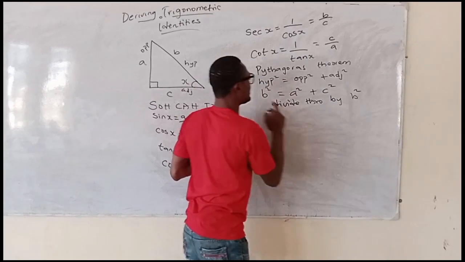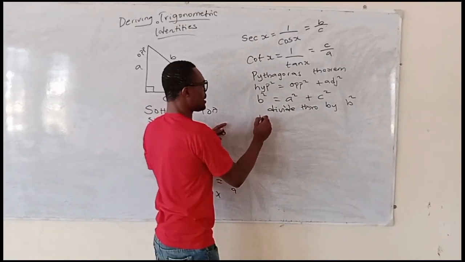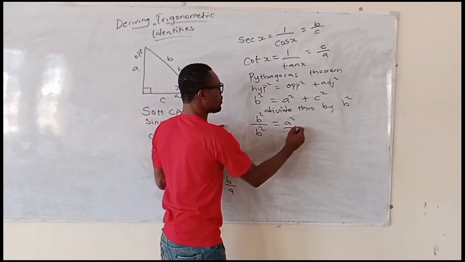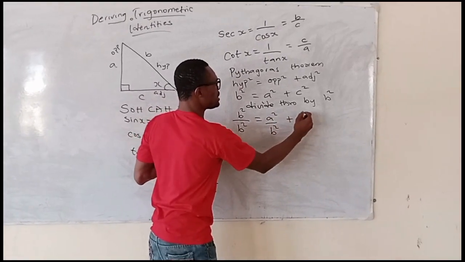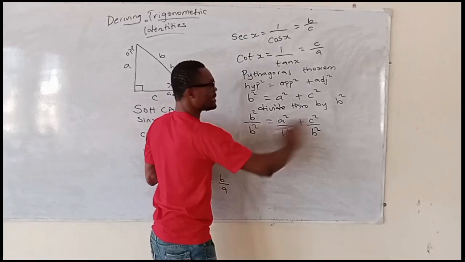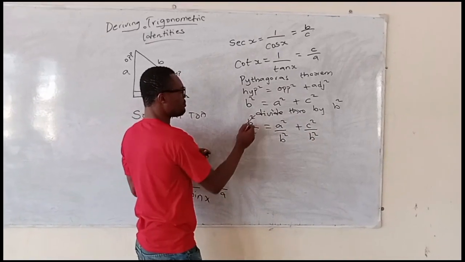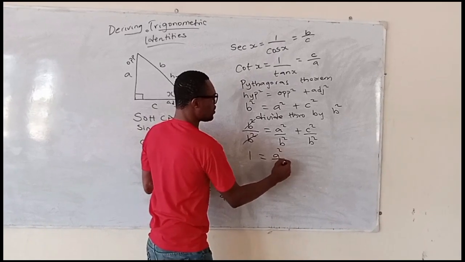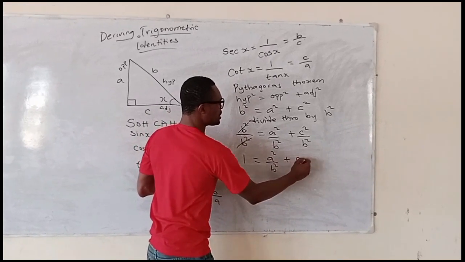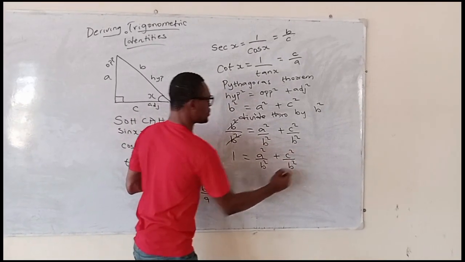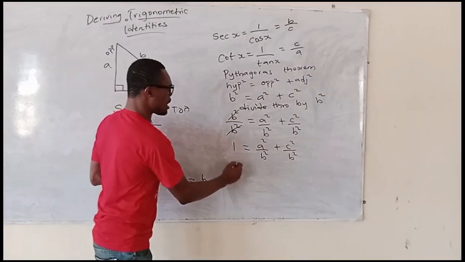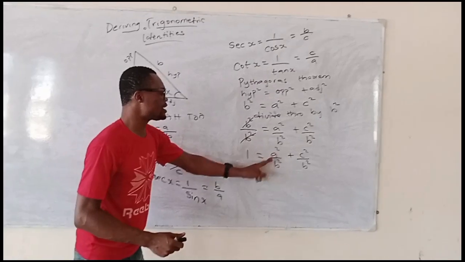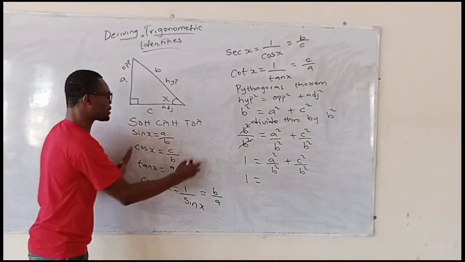Let us divide through by B squared, the hypotenuse squared. We have B squared over B squared equal to A squared over B squared plus C squared over B squared. So we have 1 equal to A squared over B squared plus C squared over B squared. What becomes our trigonometric ratio? We check our trig ratios.